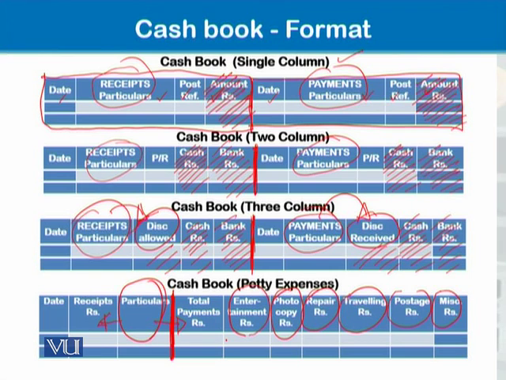We keep on recording these petty expenses throughout the period and make a total, but receipt will happen once during that period. That's why we do not put a date column or particulars column for receipts and payments separately.